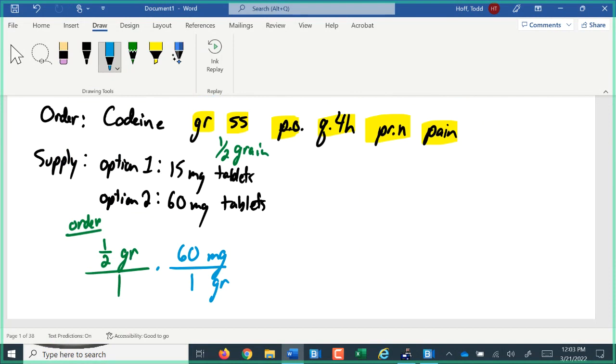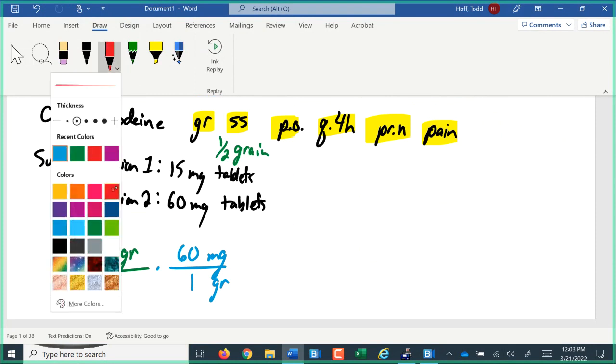But when we absorbed it into the metric system, because it was actually part of the imperial system, the old system, when they absorbed grains into the metric system, they rounded that number to 60 milligrams per grain just to make it easier to work with. Just like 15 grains in a gram is also not accurate. It's closer to 16, but they rounded that off to make it work easier in the metric system.